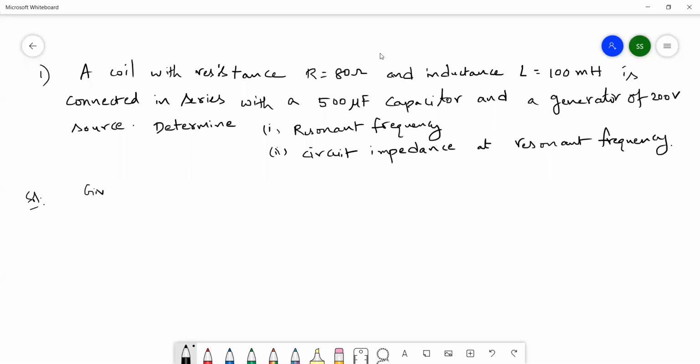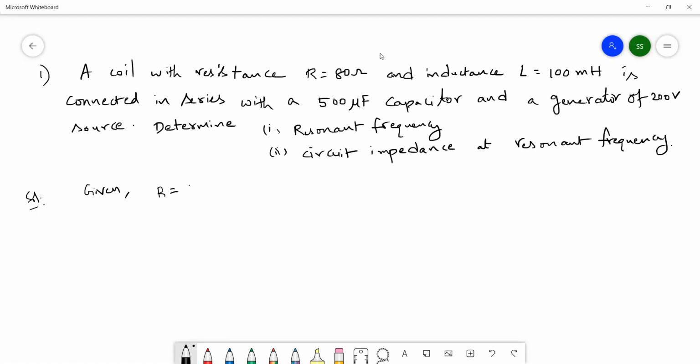So note down the given data first. What are the values given in the problem?